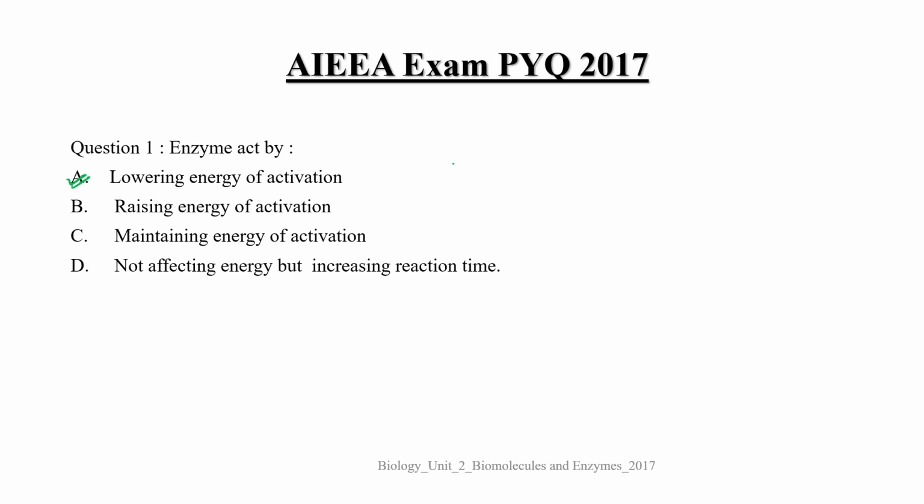And what is this energy? This is the energy which is required to start a particular reaction. This is the function of enzyme, which acts as a biocatalyst. So choice number 1 is the correct answer: enzymes act by lowering energy of activation.